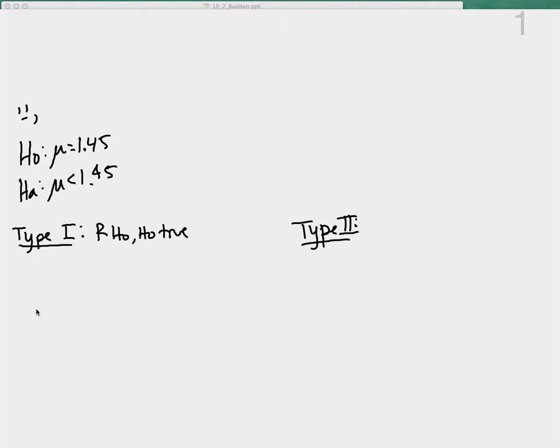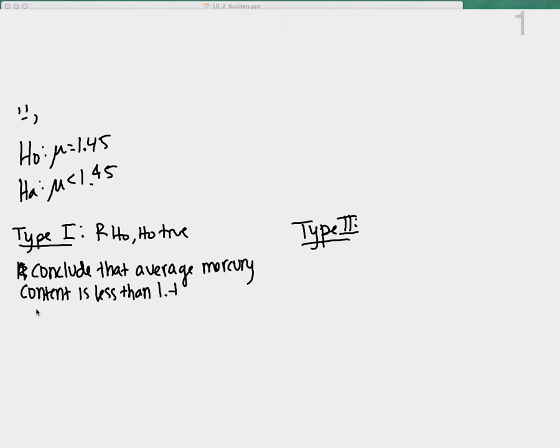So if we reject the null, that means we conclude that the average mercury content is less than 1.45 parts per million. This is not an error yet.